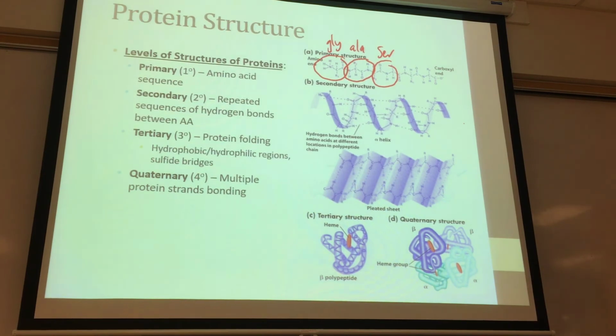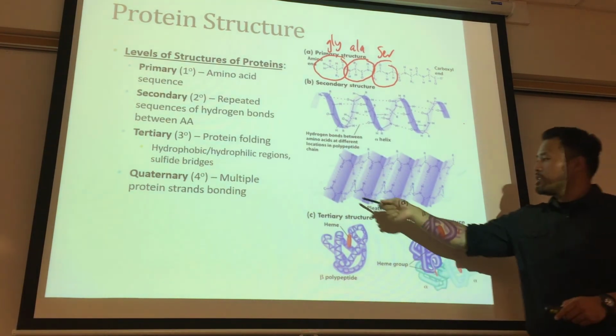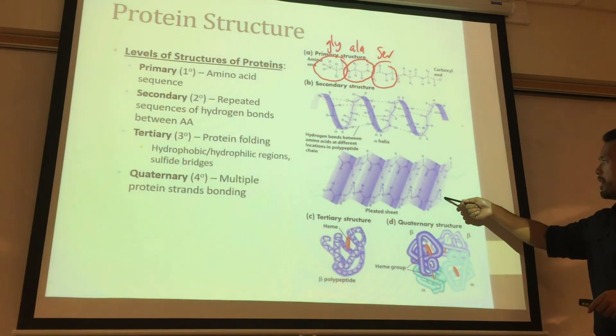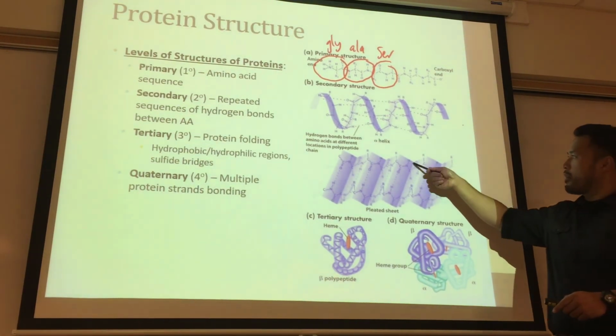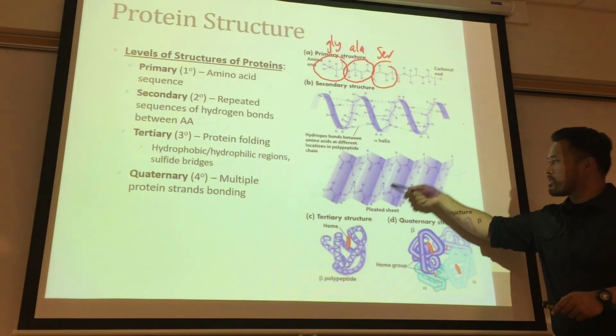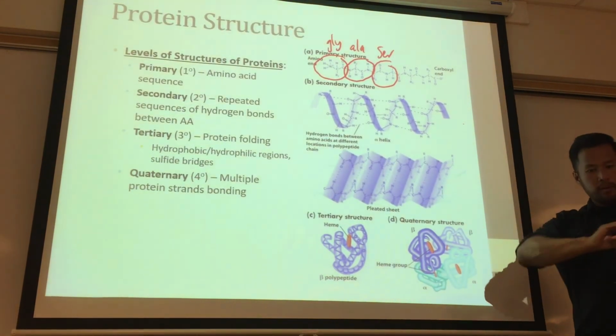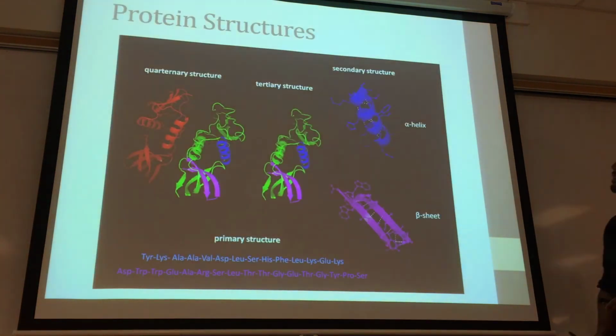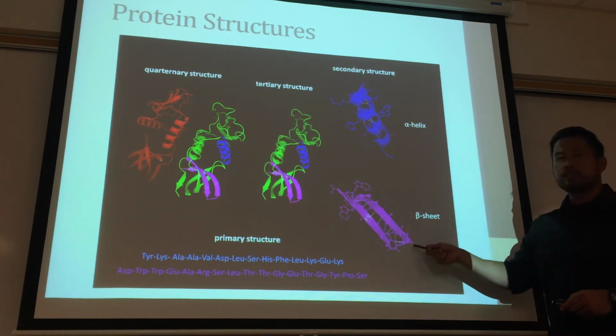The other thing you would typically see are pleated sheets, meaning the primary sequence goes this way, then wraps around and back the other way, creating hydrogen bonds that form like rungs on a ladder. It forms literally like a sheet, a pleated sheet on top of each other, and a pleated sheet looks exactly like this.